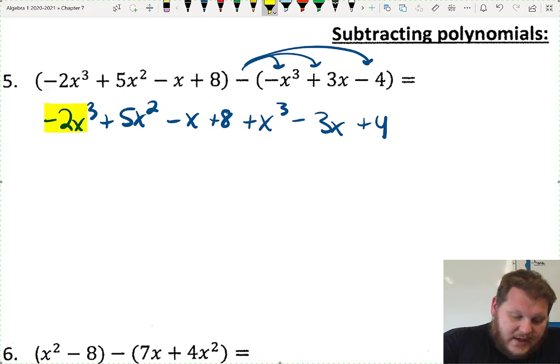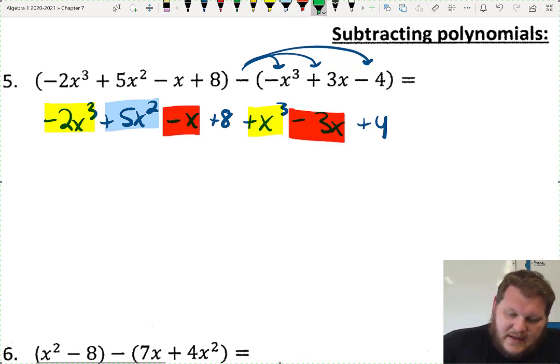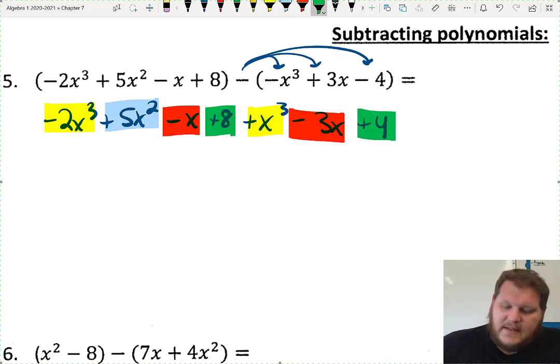So I got x cubed and x cubed. I've got x squared, and that's it. I've got x's and x's. I've got constants and constants. So for my final answer, x cubed, negative 2 plus 1 is negative 1, so negative x cubed.